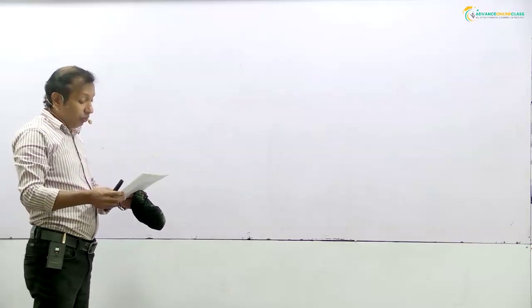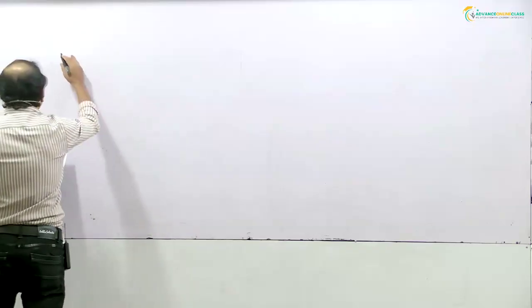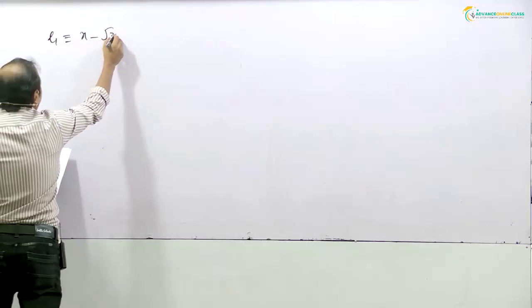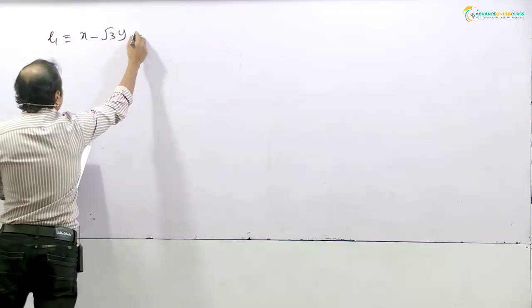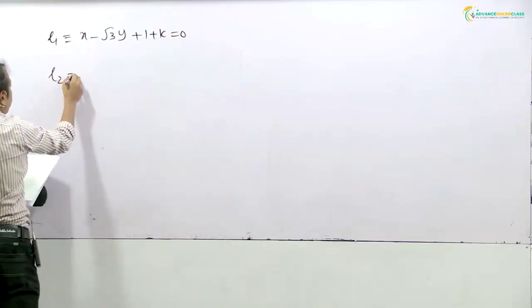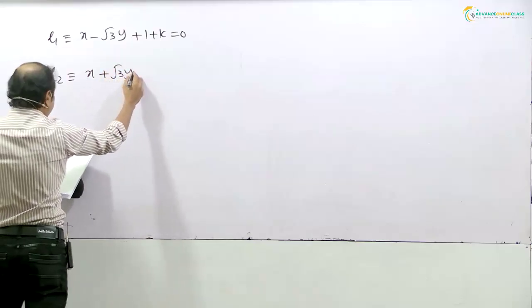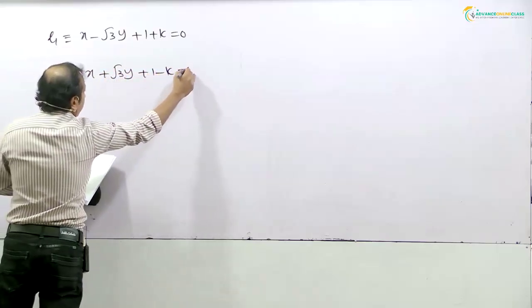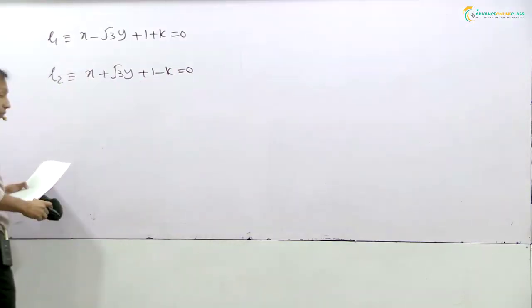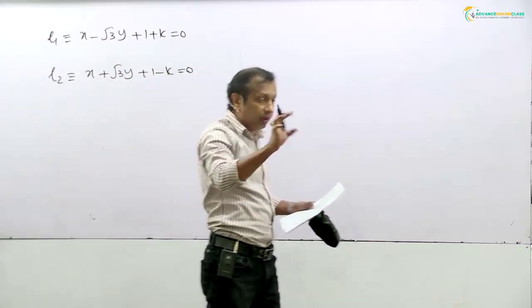Show that k equals 3 root 3. L1 is given: x minus root 3 y plus 1 equals 0. L2: x plus root 3 y plus 1 minus k equals 0. L1 and L2 both passing through the point (-1, 3).